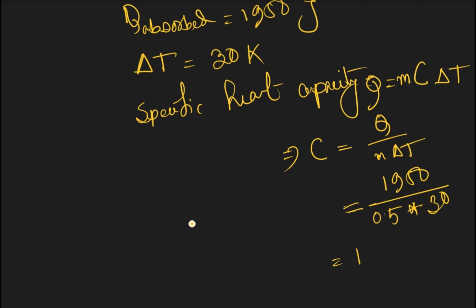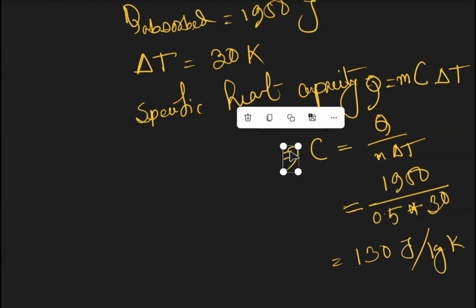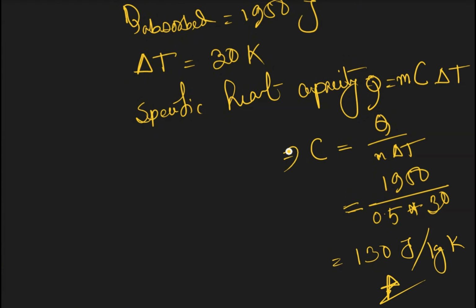So we found 130 joule per kg per Kelvin, and this is the answer for the second part.